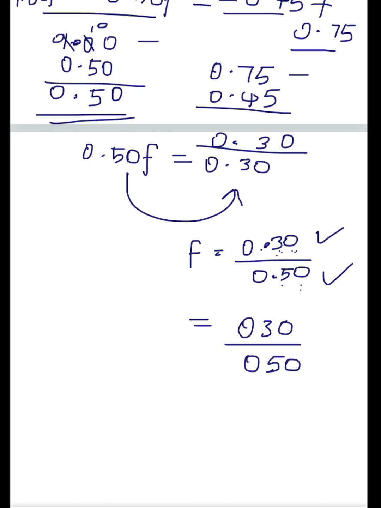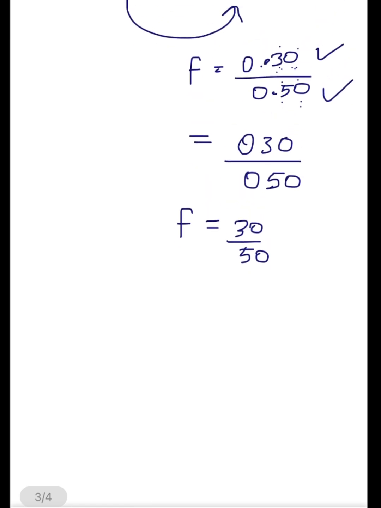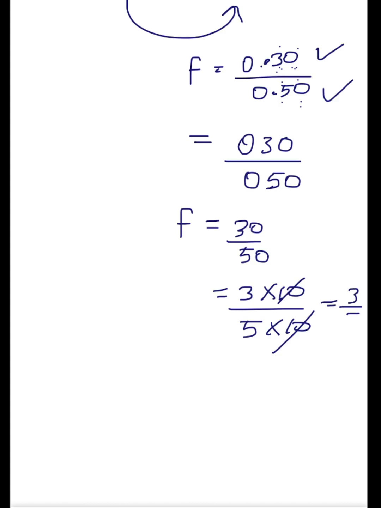Because in both numerator and denominator an equal number of digits are there after the decimal point. So 030 divided by 050, that means 30 by 50. So f is equal to 30 by 50. 30 by 50 means you can write 30 as 3 into 10, 3 into 10 by 5 into 10, that means 3 by 5 will be our answer. f is equal to 3 by 5.